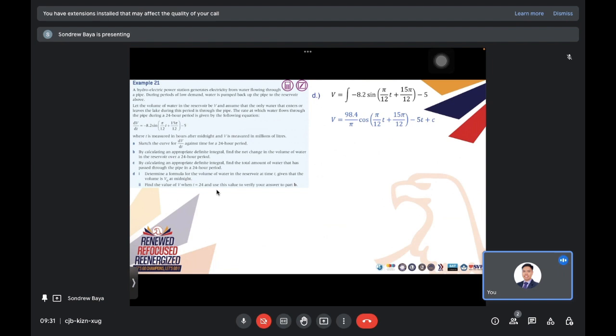Since it's a 24-hour period, we expect that midnight is the starting point, which we count as 0. At 1 a.m., it's 1 hour. At 2 a.m., that's 2 hours. So at midnight, t is equal to 0, and we're given that the initial volume is v sub 0. We don't know the initial volume, we're just given that it's represented by v sub 0.